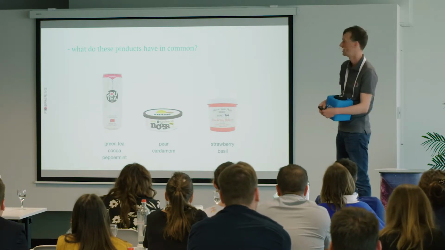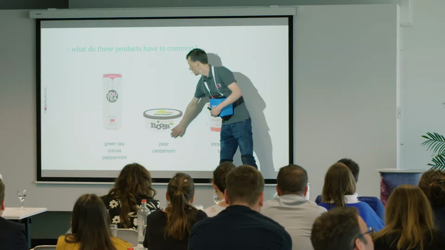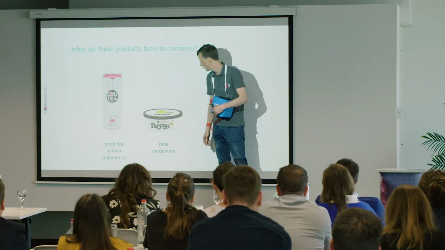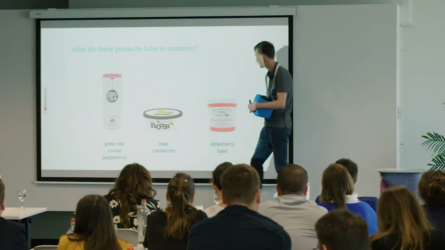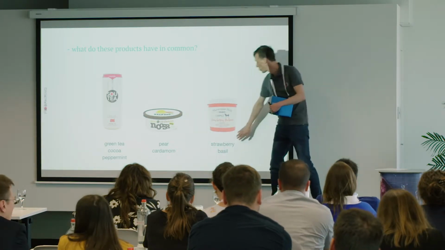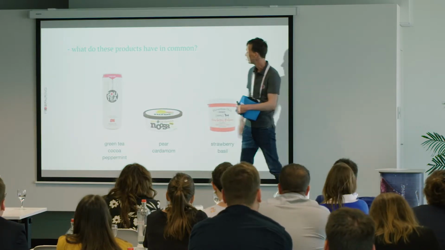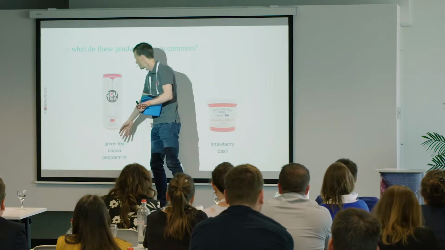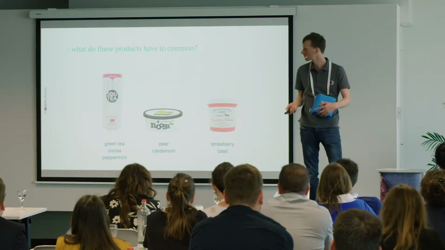Yeah, well, indeed. So, pear and yogurt is already known, but you give a twist with the currant. Strawberry in yogurt is known, but you add it with the basil. You have green tea, and you add a twist of cocoa and peppermint.